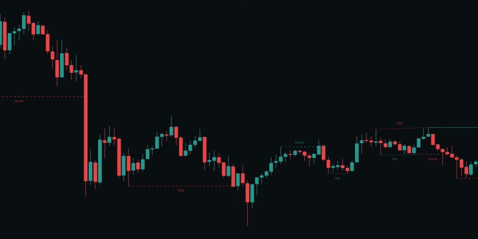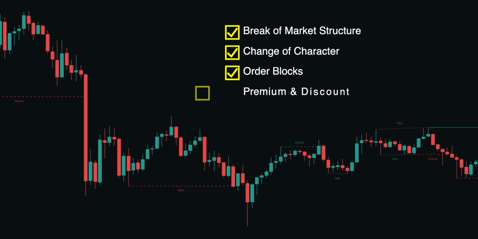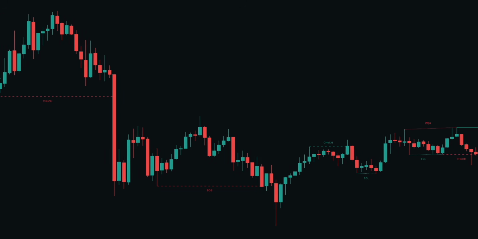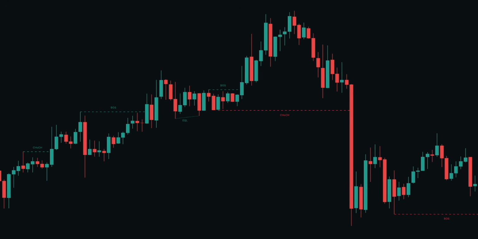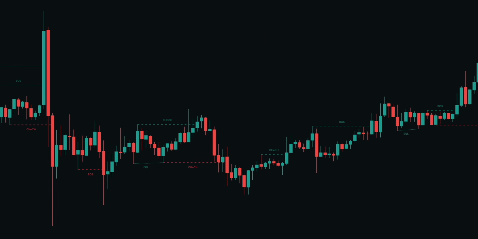This all-in-one indicator displays real-time market structure like break of market structure, change of character, order blocks, premium and discount zones, equal highs and lows, and much more, allowing traders to automatically mark up their charts with widely used price action methodologies. We will show you how to add this free script to the chart at the end of this video. For now, let's discuss its key features.